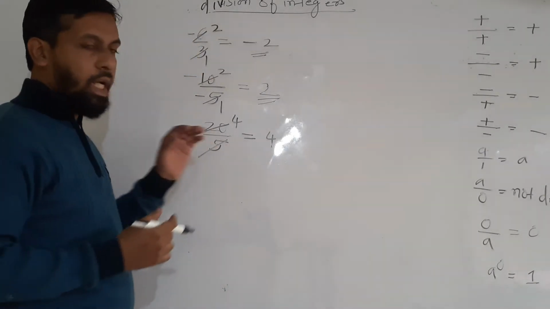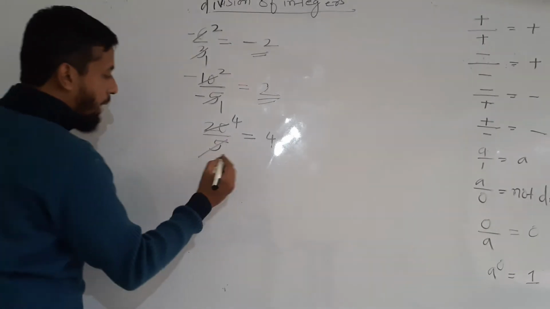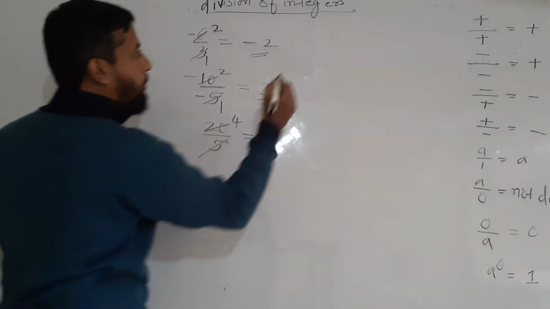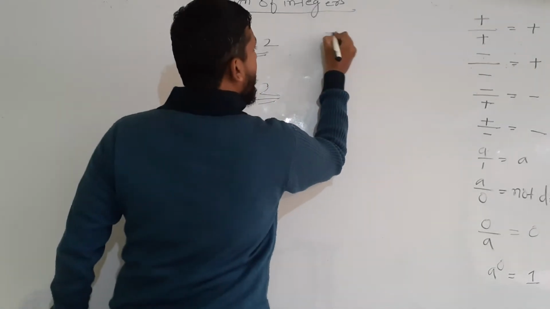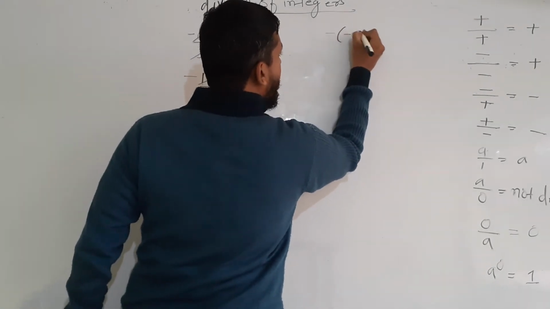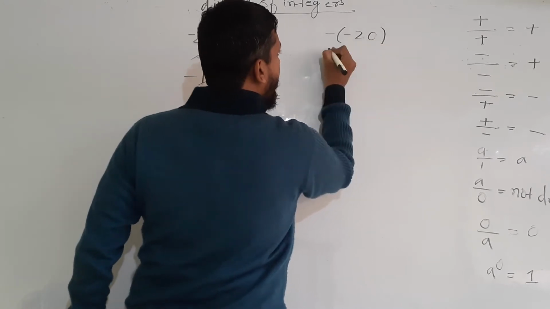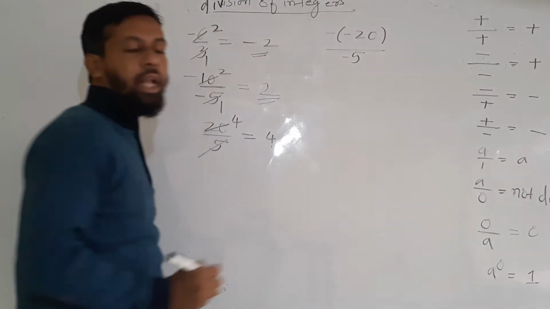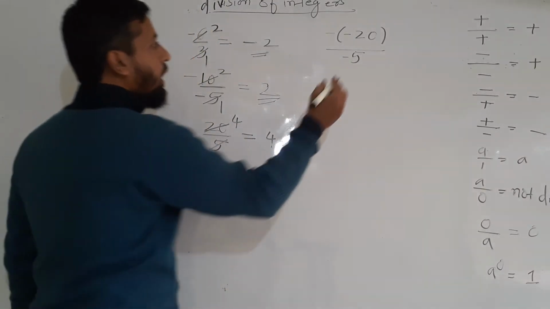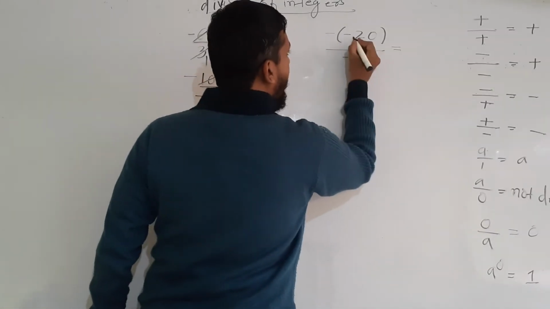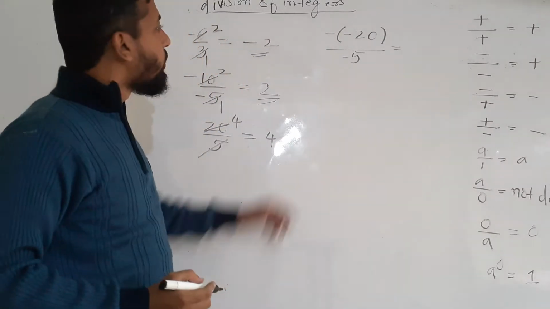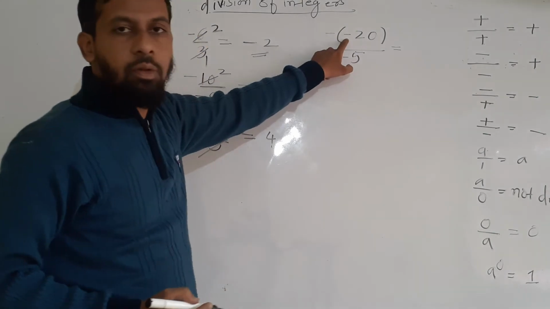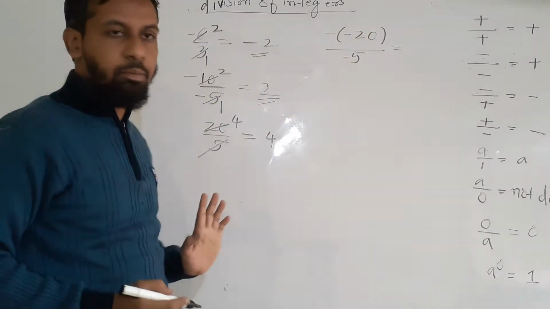Sometimes it will come like this. In between the solution, you will get like this sometimes. Minus of minus 20 divided by minus 5. Suppose you got like this. Now, here in the numerator, first we have to multiply the sign. Minus into minus will be plus.